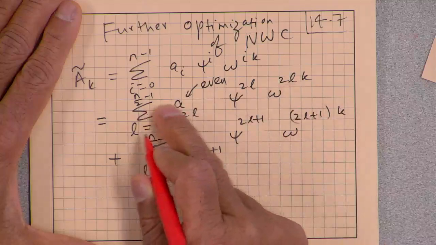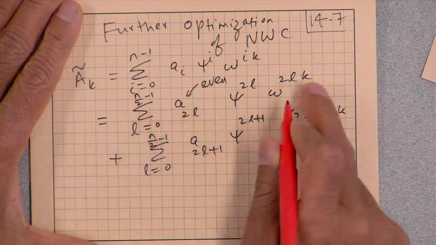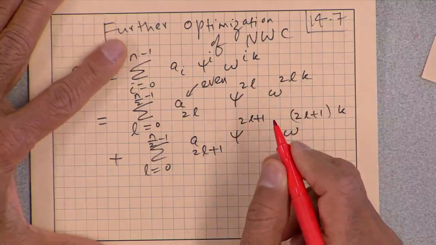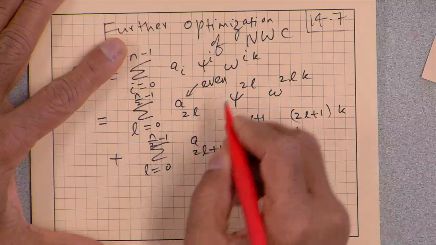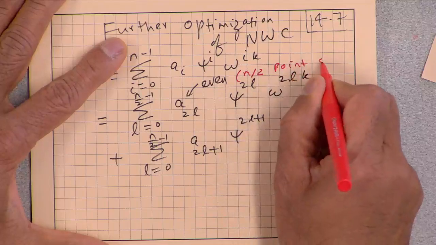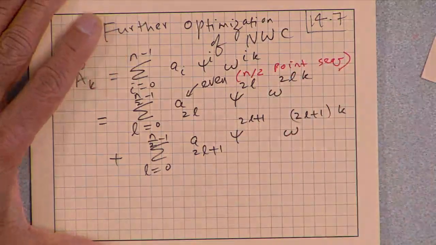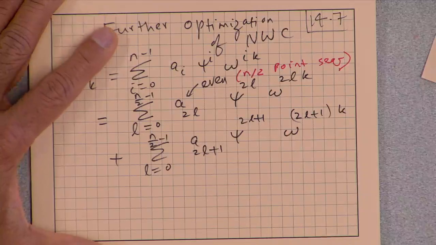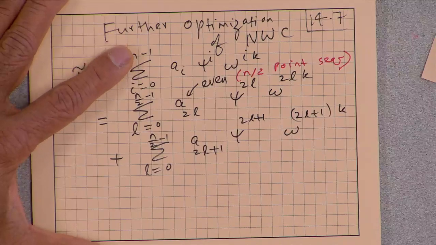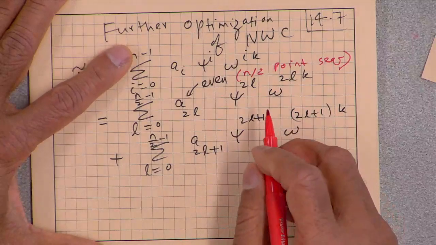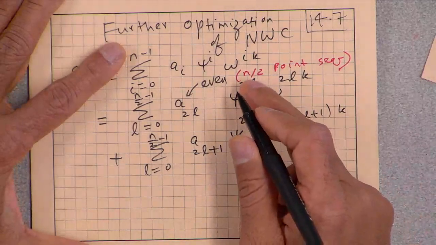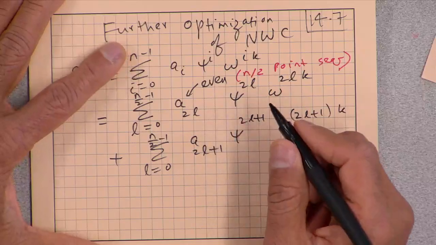If you go back and think about what we were trying to do, this is an n by 2 point sequence. So that means I can think of this as computing an n by 2 point NTT, n by 2 points.